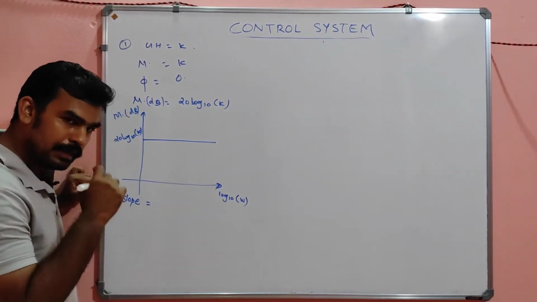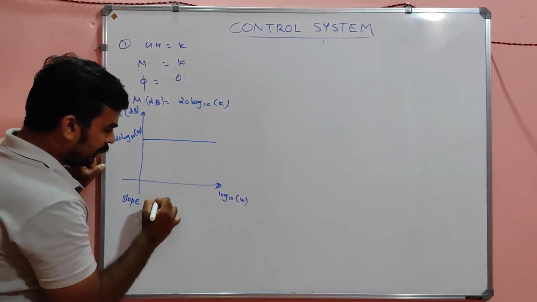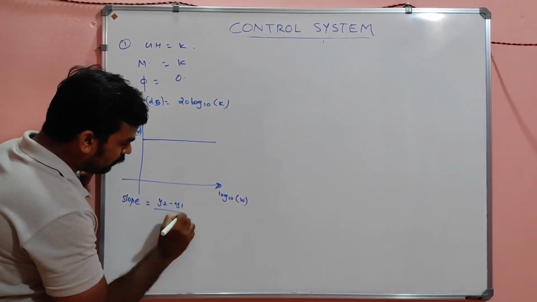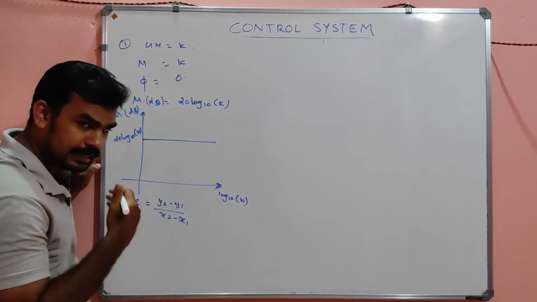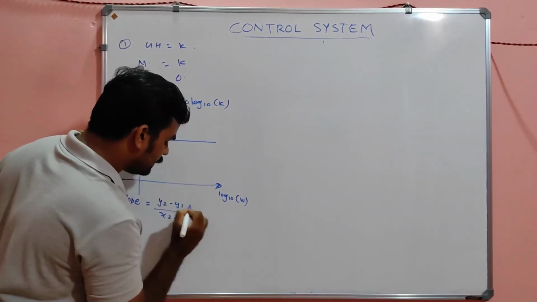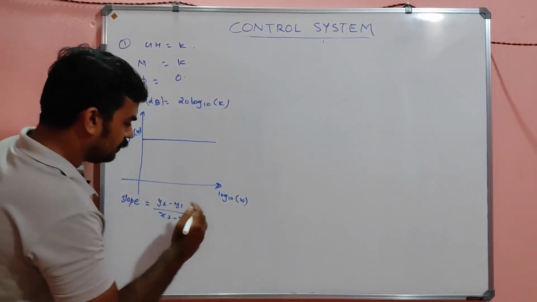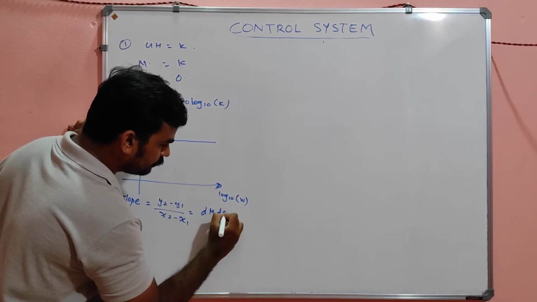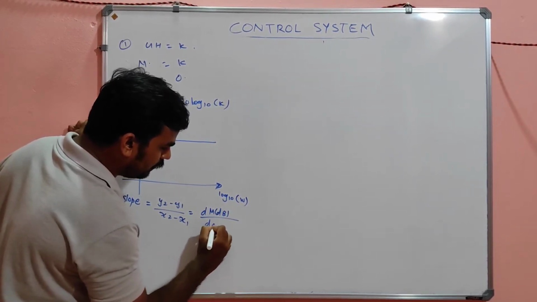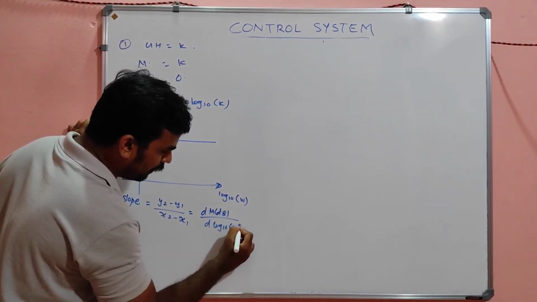Slope of this graph will be nothing but either you can take y2 minus y1 by x2 minus x1 in case of the x and y coordinates, or I can say that, my dear, slope will be nothing but dMdB divided by d log 10 to the base omega. Am I right, my dear?